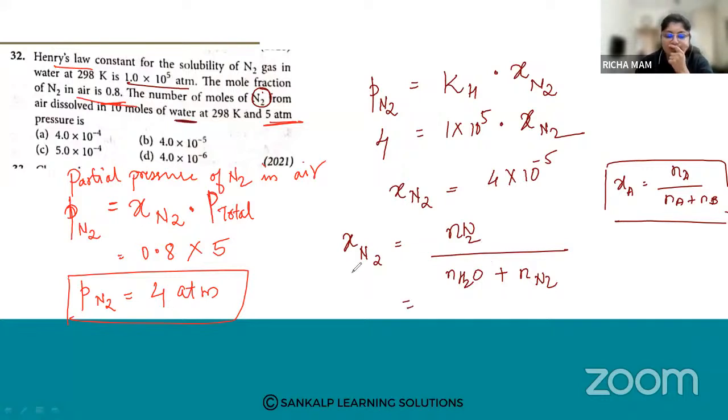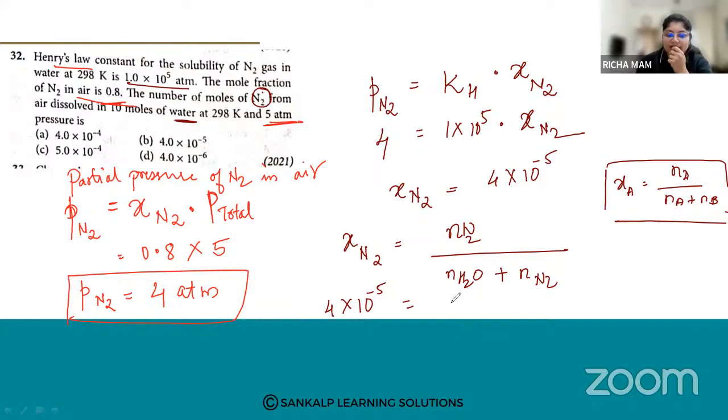What is the number of moles? We have found that 4 into 10 raised to minus 5 is the mole fraction of N2. Next, we have to find the number of moles of N2 from air.